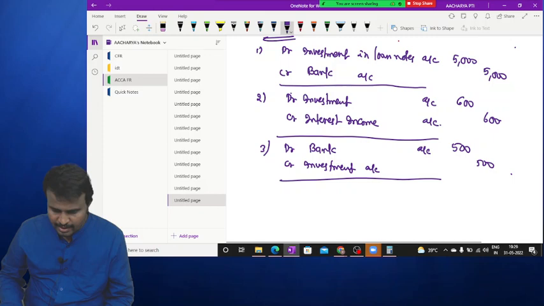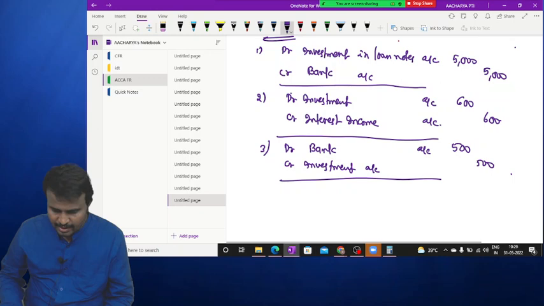In case of fair value through P&L, first, what is the initial cost? 10,000 into what is the purchase price? 4.2. 10,000 into 4.2 is 42,000.